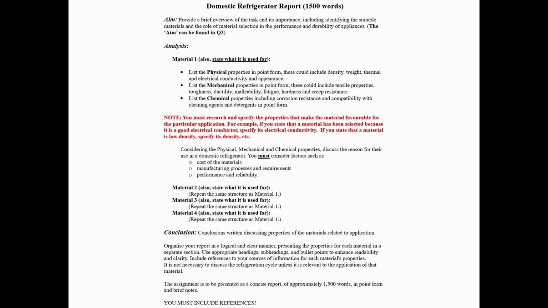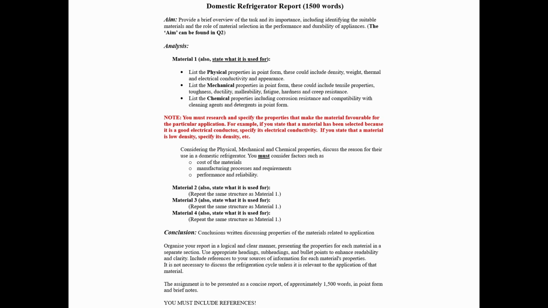Under mechanical properties, you might list the tensile properties, toughness, ductility, malleability, fatigue, hardness, and creep resistance. And under chemical properties, you'd look at corrosion resistance and compatibility with cleaning agents and detergents. And again, this would be in point form.